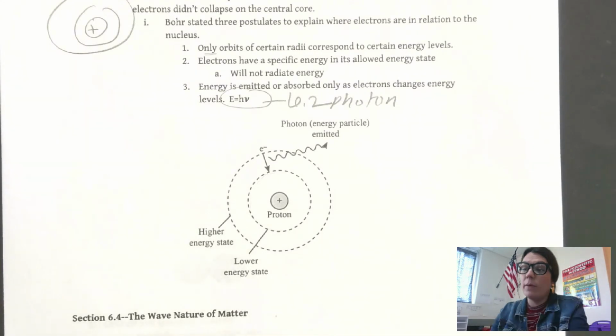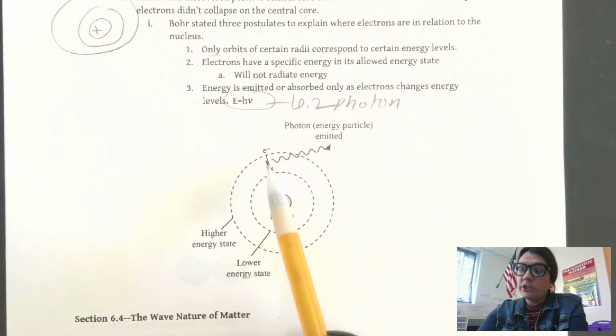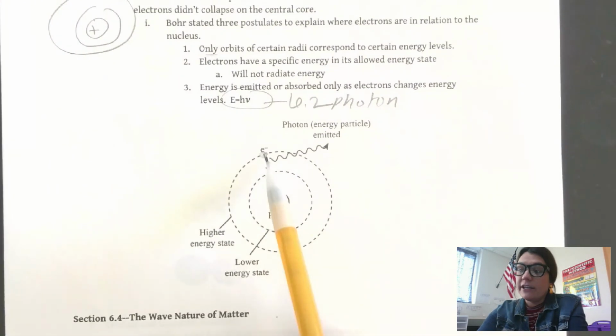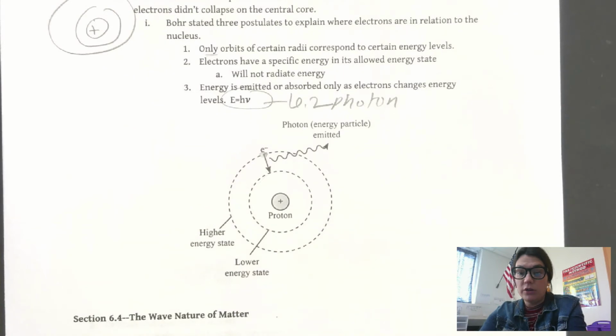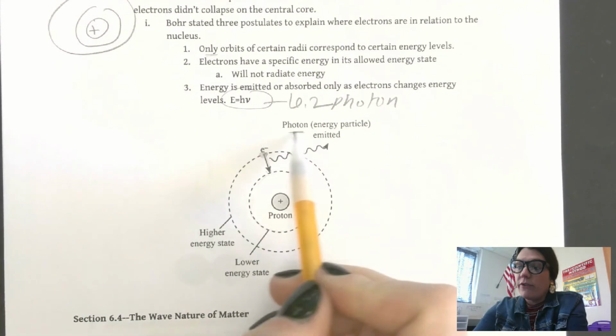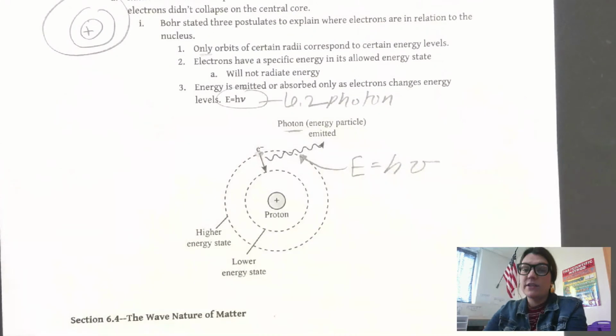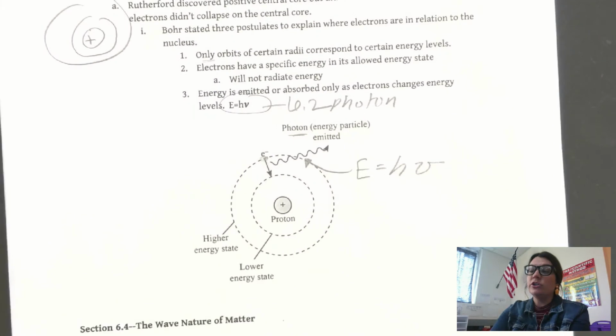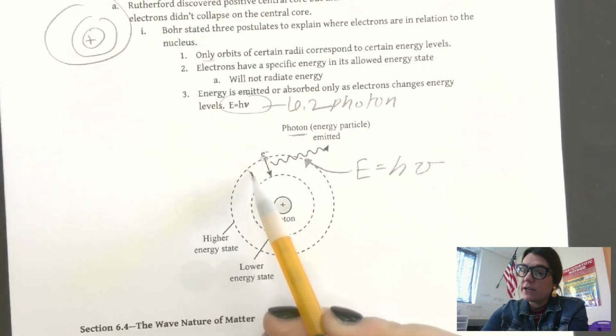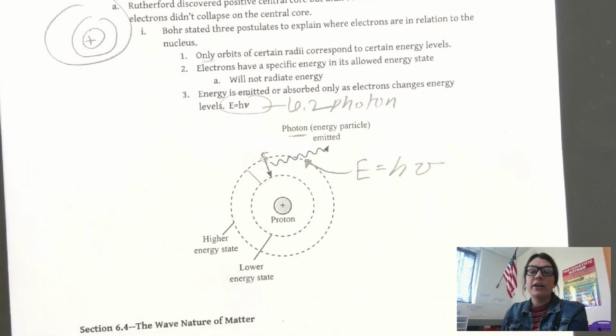So what Bohr stated was, if you have an electron that's at a higher energy level, like up here, and it falls back down to a lower energy level, that energy has to go somewhere. And where is that energy being emitted? It's being emitted through a photon. So this right here is our energy equals Planck's constant times the frequency. As that electron goes back down, the energy that it loses from this energy level to this one has to go somewhere, and it goes somewhere in the form of light.